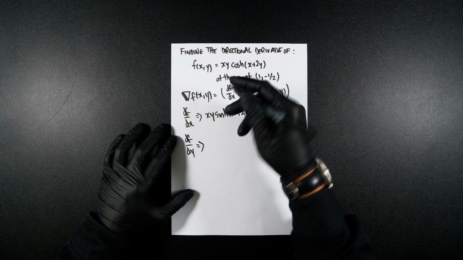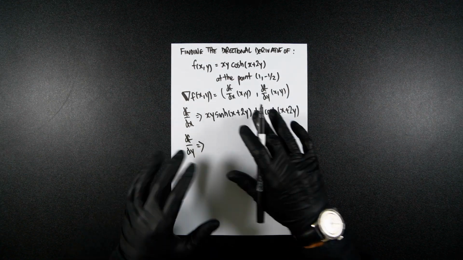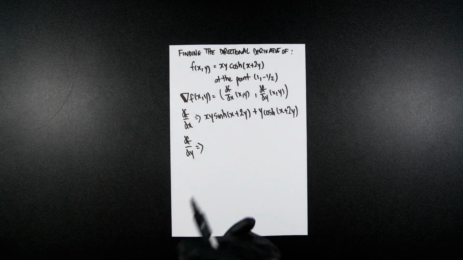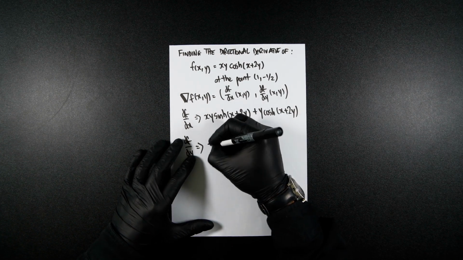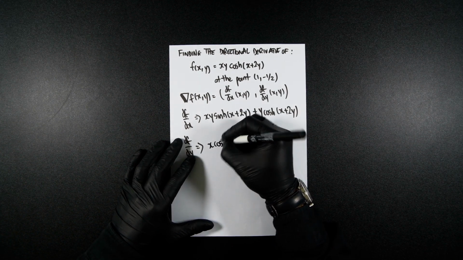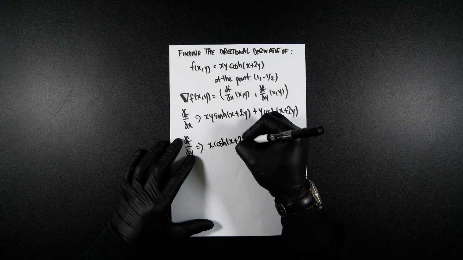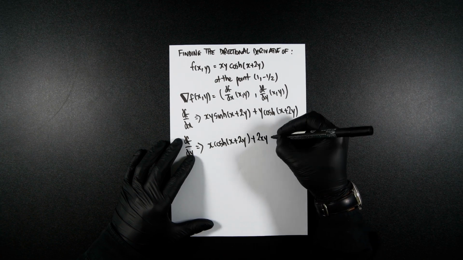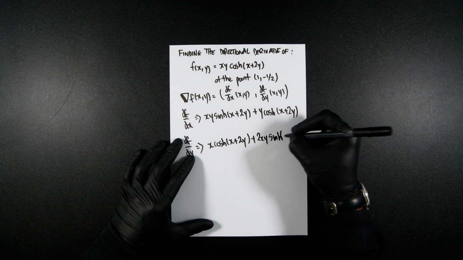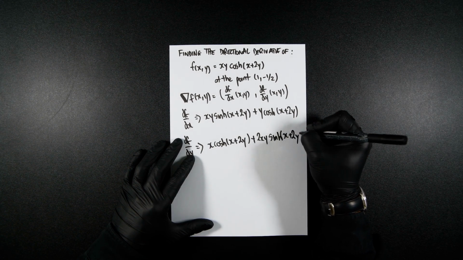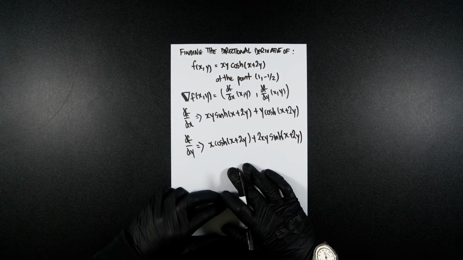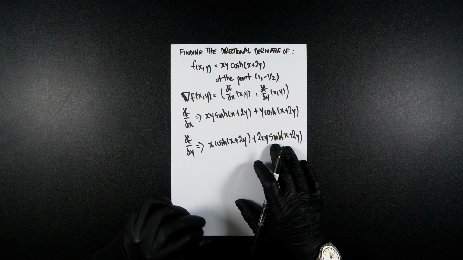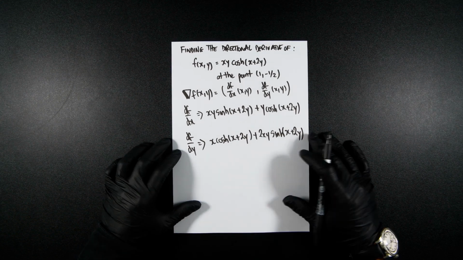Again, product rule, because there's a y there, so we need to do it for both. And that's going to be x cos(x+2y) plus 2xy sinh(x+2y). So there we go. We've now got both our differentials.